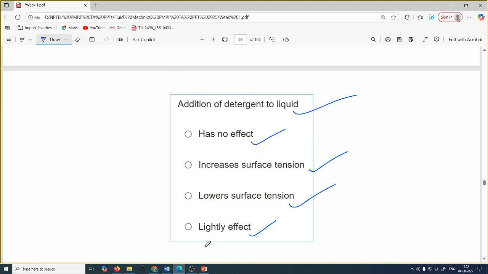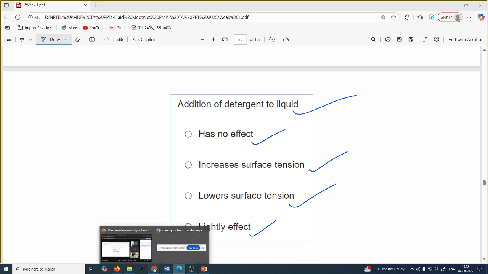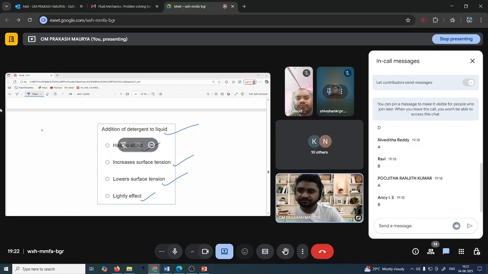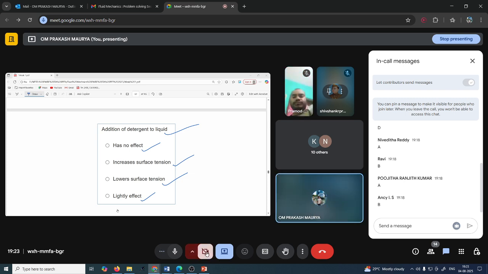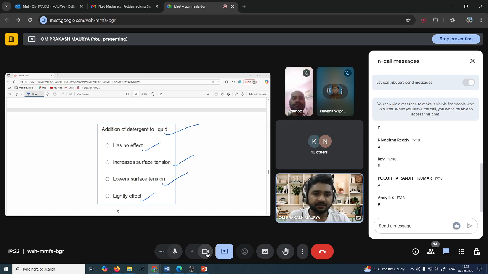So which option will be correct for this question? Everyone, please try to write your answer. Addition of detergent increases surface tension. Okay, you are telling increasing surface tension.